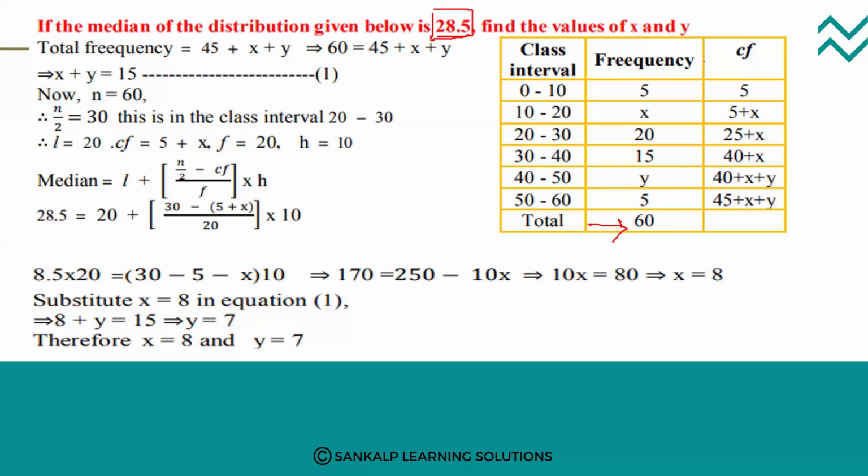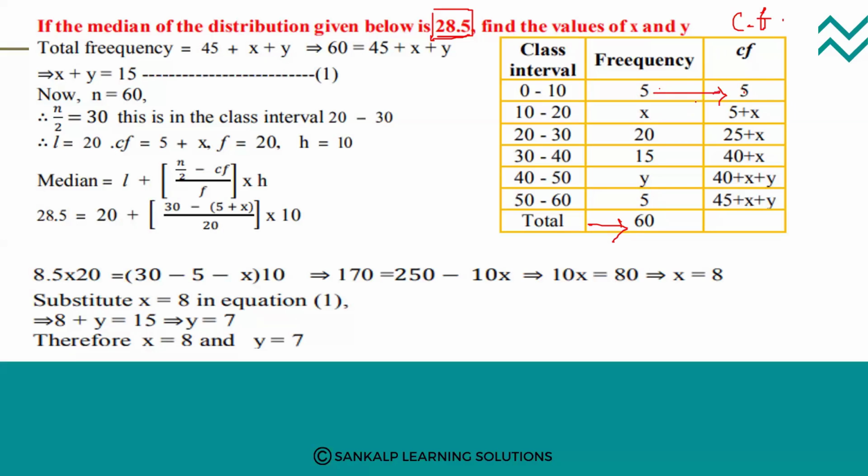Next, we'll find the cumulative frequency. In order to find the median, first we should find the cumulative frequency, that is CF. First write down the first frequency as it is, 5.